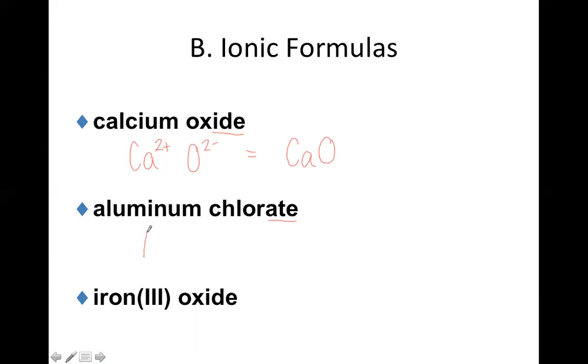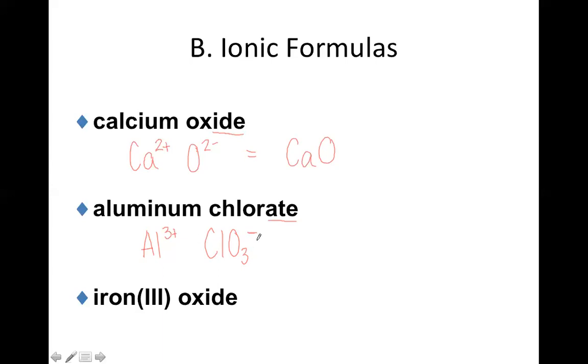So aluminum is Al. It has a 3 plus charge. Chlorate, again, this ATE means it's a poly, not just chlorine. So you would need to check the polyatomic ion table. And we have that chlorate is ClO3, and it has a negative charge.